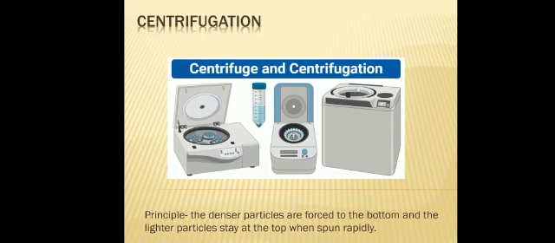This process is also known as churning, where we spin the liquid very rapidly so that the components present in the mixture can separate from each other on the basis of difference in their densities.